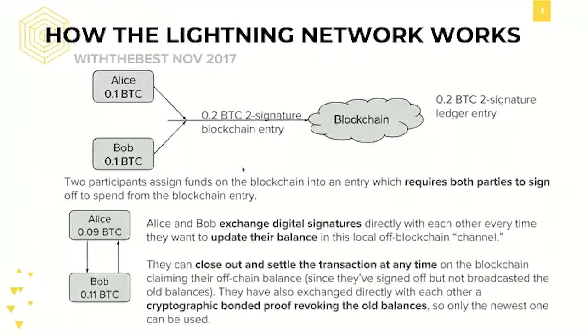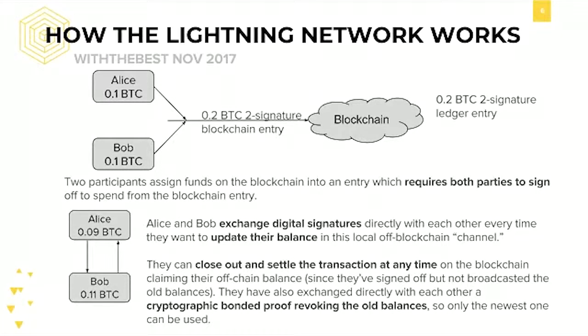So to look at how it works, well, not quickly, but most of the time. Essentially, you have a 2 of 2 multi-sig address where both of the people will put their funds into it. And then what they're doing when they're making transactions is they're actually updating the transaction that spends from this multi-sig address.